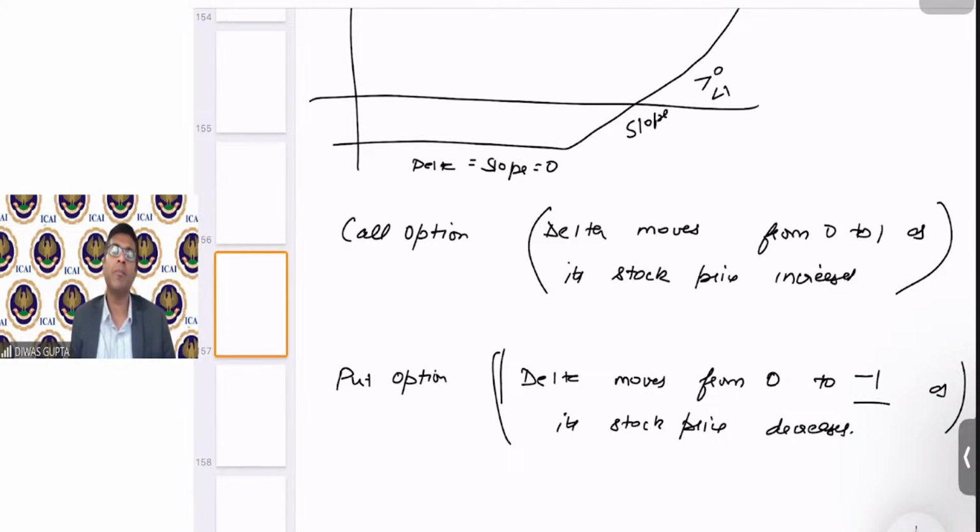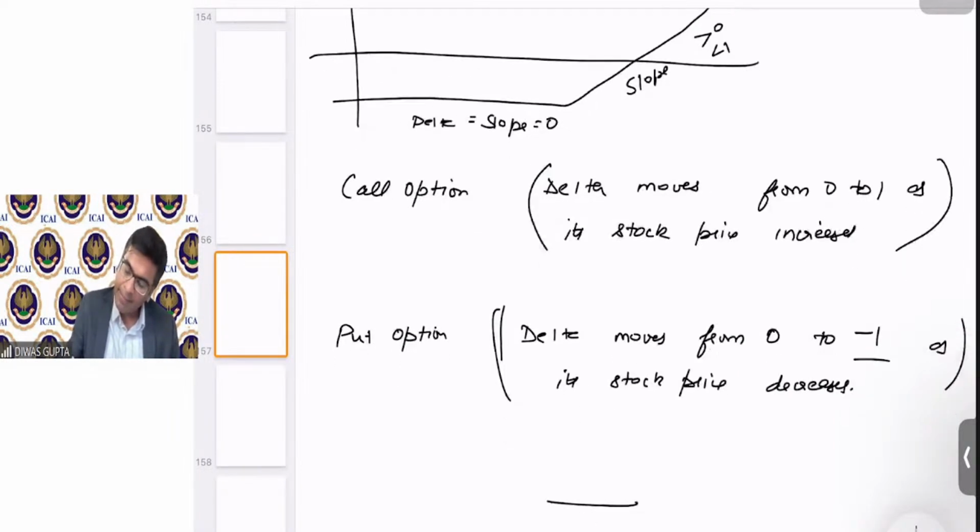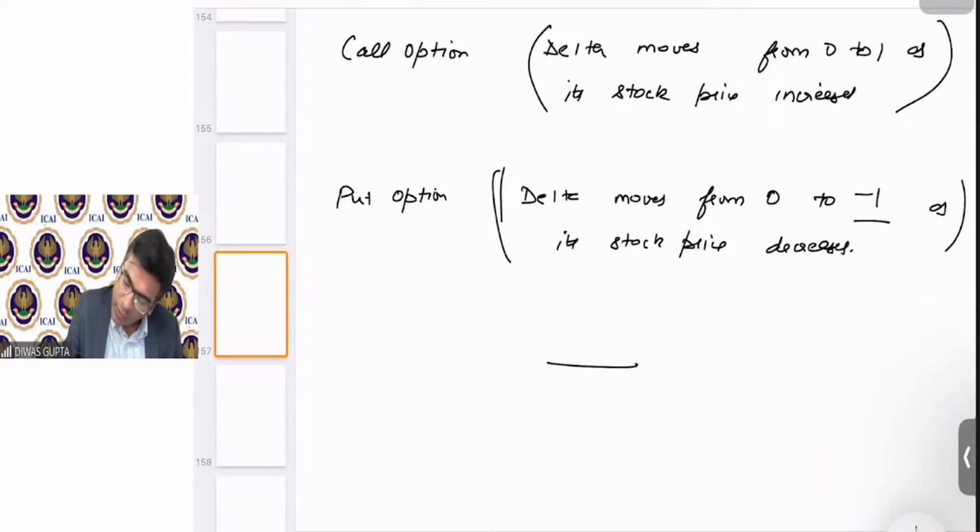The moment your stock price will decrease, okay, the stock price will decrease will mean what? In the numerator, let's say you had a price of 40, your value of put is 2. Now you had a price of 38, your value of put will become 3, correct? Now what will you do?